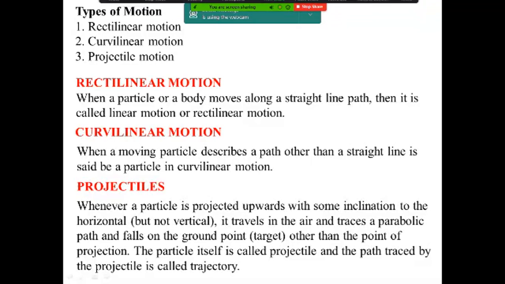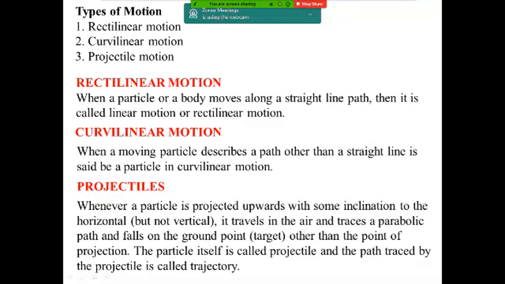Next is projectile motion. What are projectiles? Whenever a particle is projected upwards with some inclination to the horizontal, it travels in the air and traces a parabolic path and falls on the ground at a point, called the target, other than the point of projection.